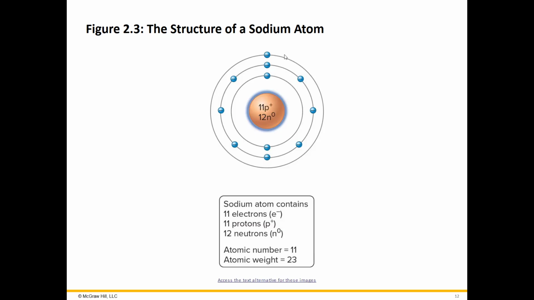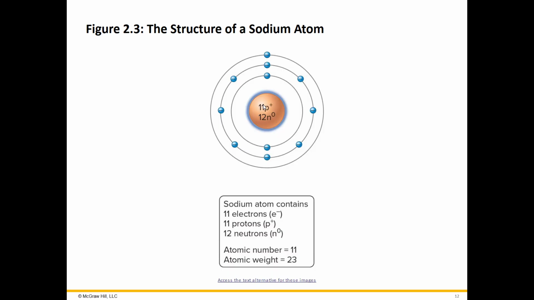A third shell with 1 electron. So 11 electrons, okay, and 11 protons. This is a neutral atom of sodium, okay? And we can do the exercise down here. What's its atomic number? 11. Why? Because 11 protons. What's its atomic weight? Okay, or atomic mass is the proper term. It's 23, okay? 11 plus 12 is 23.